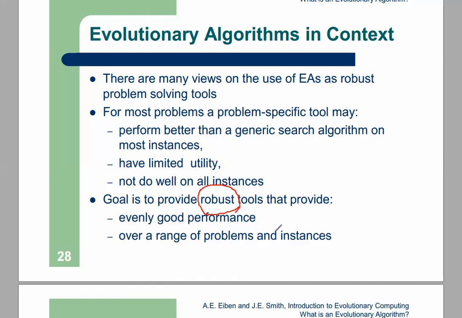Robust means that an evolutionary algorithm can produce an acceptable or good solution for all problems that are not solved by a special mathematical way. Robust means it gives an acceptable answer. Sometimes it produces an excellent solution, but sometimes it can't, and it produces only a good solution.